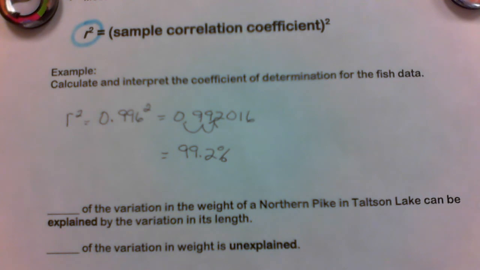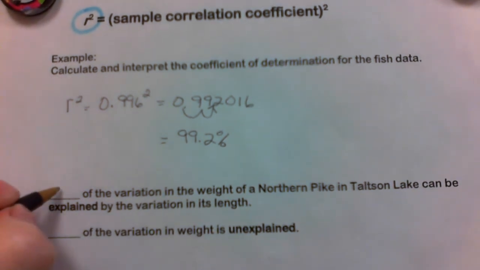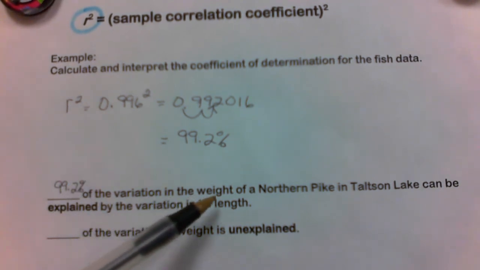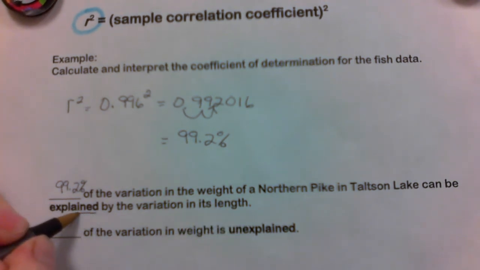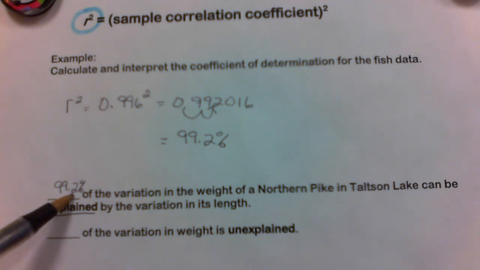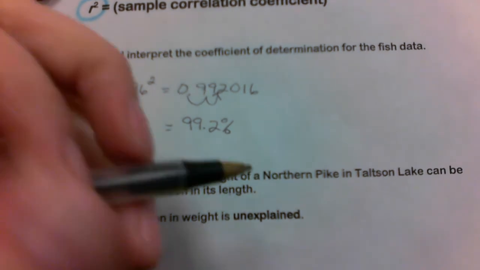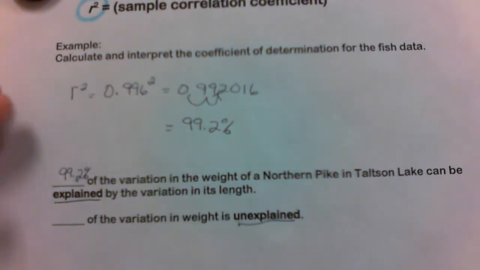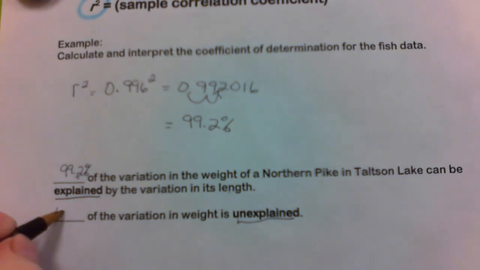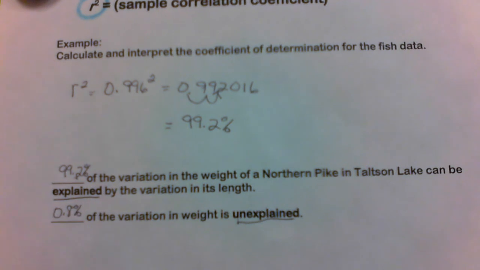So what that tells me is that 99.2% of the variation of the weight in the fish can be explained by its length, meaning 99.2% of the reason it weighs more is because it's getting longer. So what percentage is unexplained? Well, all you do is take 100% minus 99.2%, so 0.8% is unexplained, and that is 9.2.